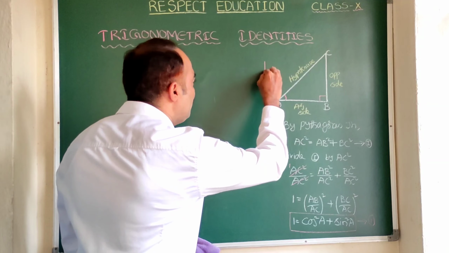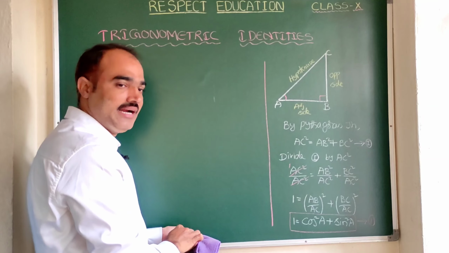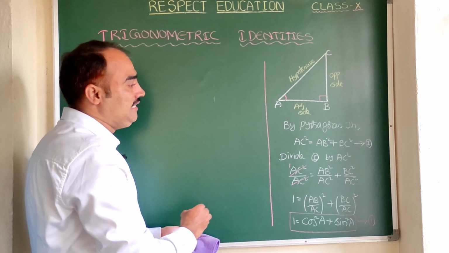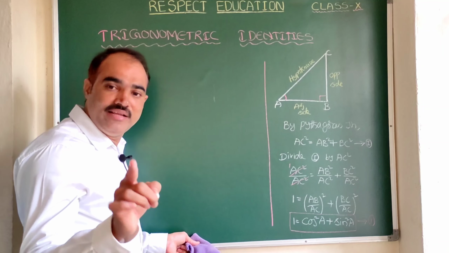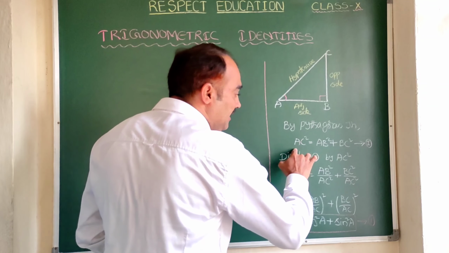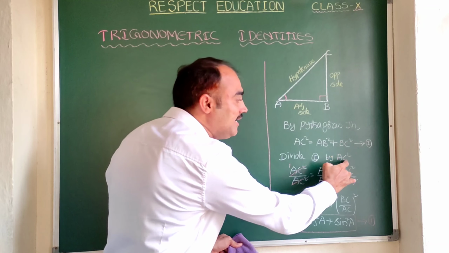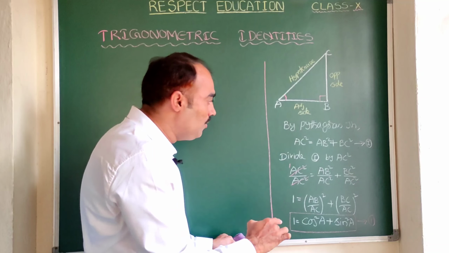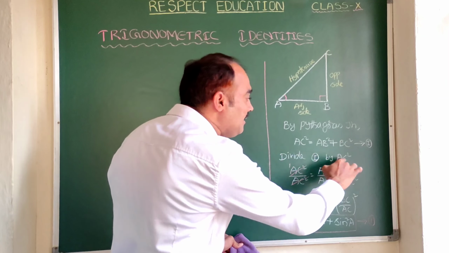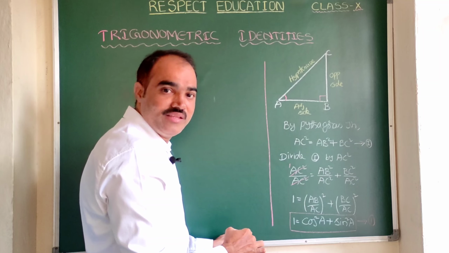Now we are going to derive the second trigonometric identity. Always, for deriving any identity, this is the base. Earlier we divided this equation 1 by AC square. Now let us divide the same equation with BC square. Is it clear? Yes.